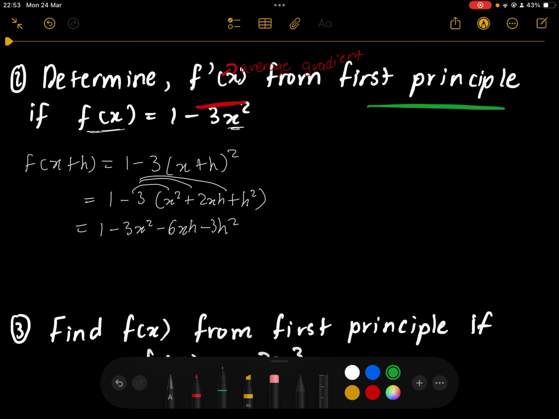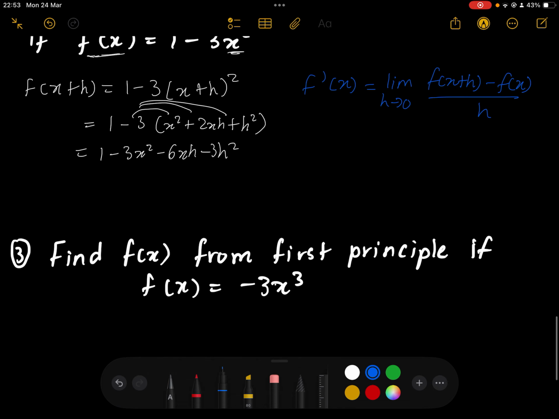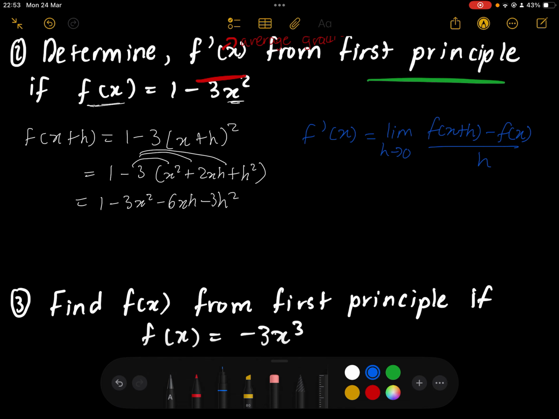When you're determining your first principle, you're going to say f prime of x equals the limit as h goes to 0 of f(x plus h) minus f(x), all over h.